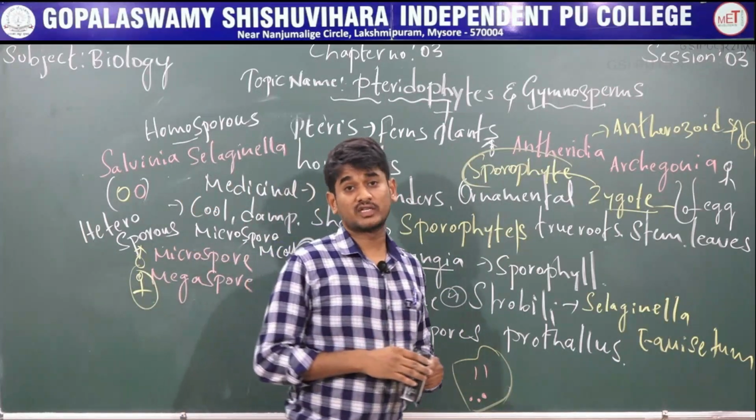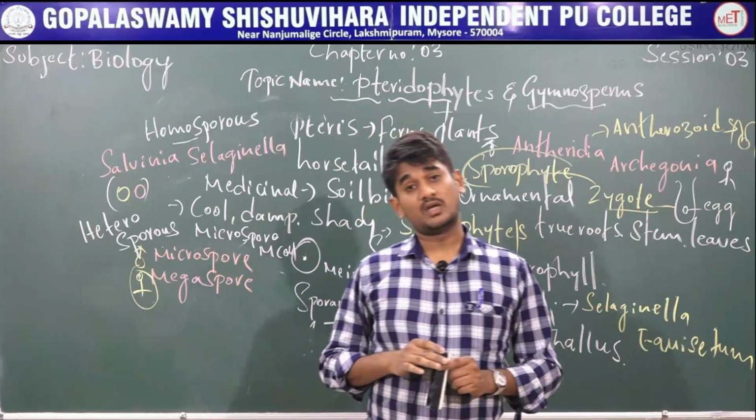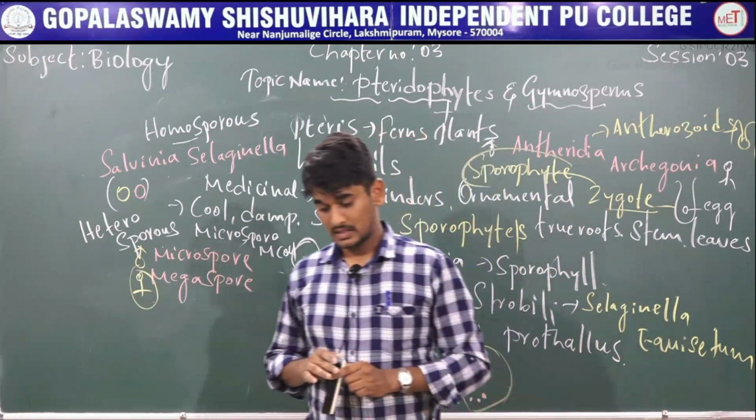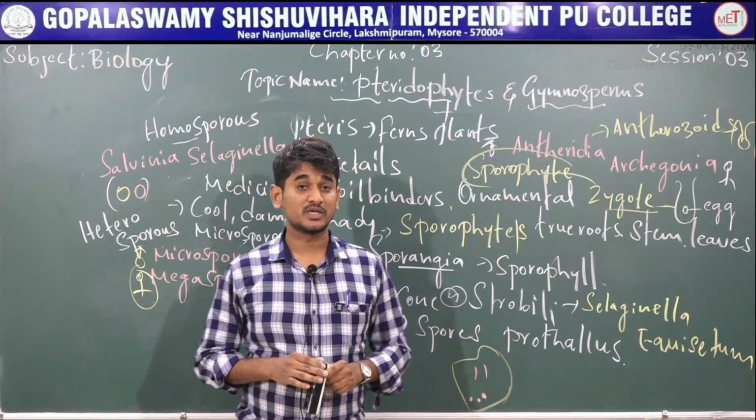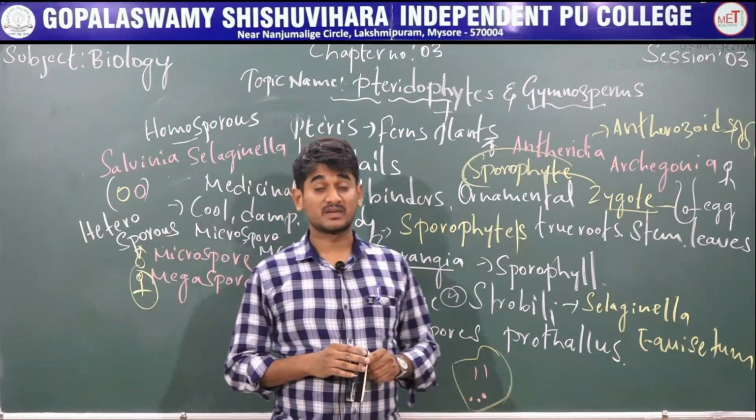The pteridophytes are further classified into four classes. The first one is Psilopsida, the second one is Lycopsida, the third one is Sphenopsida, the fourth one is Pteropsida.